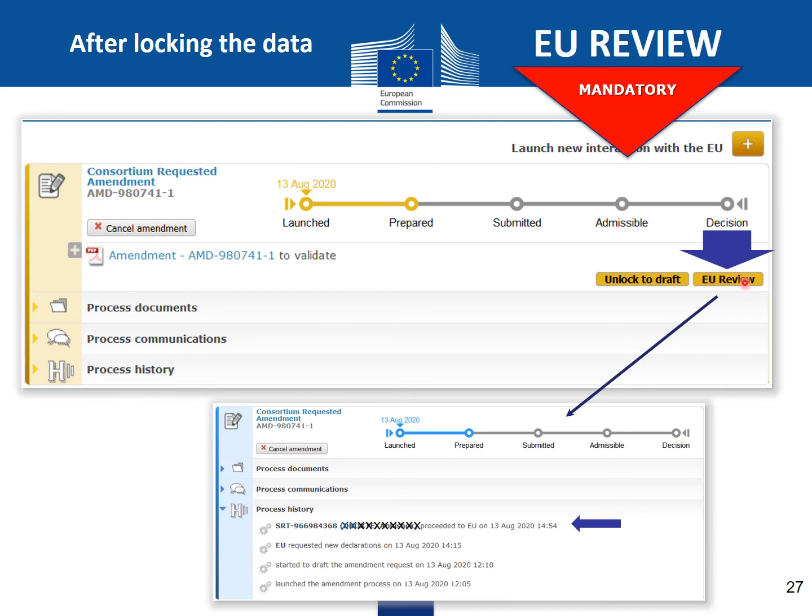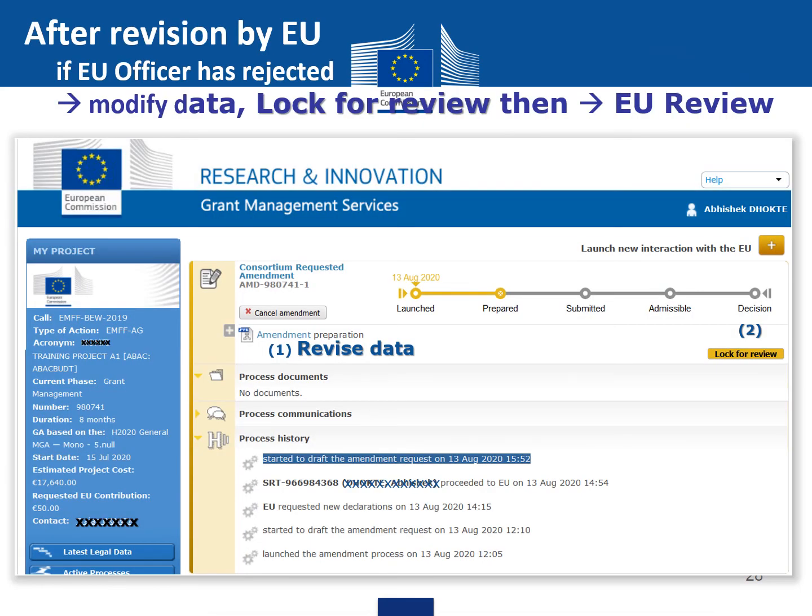The process history shows "proceed to EU". As you see here, it says proceed to EU. After revision by the EU, if the EU officer has rejected, you need to modify the data, lock for review, and then click EU review again.